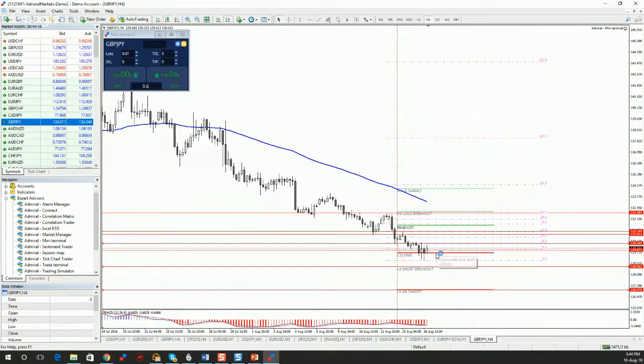But if a 4-hour candle closes below L3, that would be a signal to go for the next target, that is L4. But if we see a break above this 130.35 or 130.40, I would be looking to sell here, 131 to 131.25. This will be the zone, and there you can try to make so-called scale-in entries.